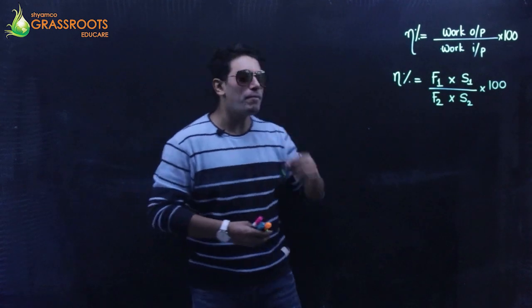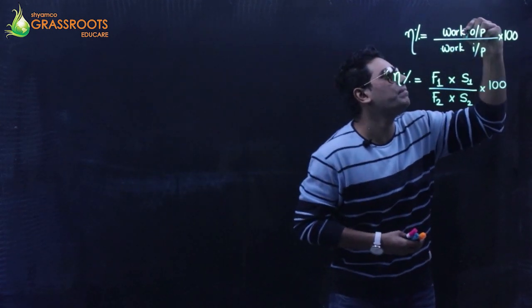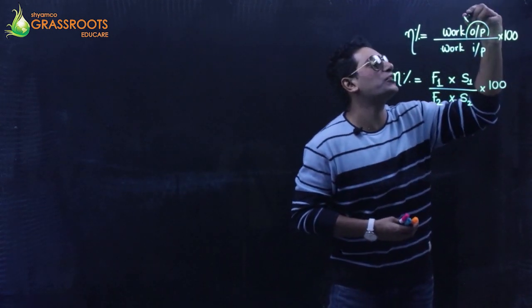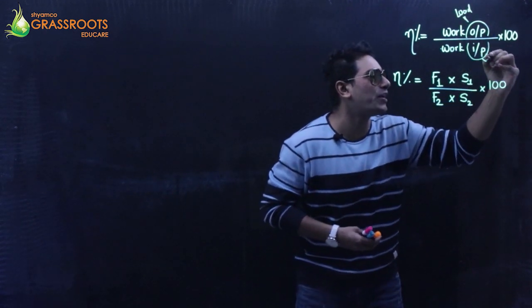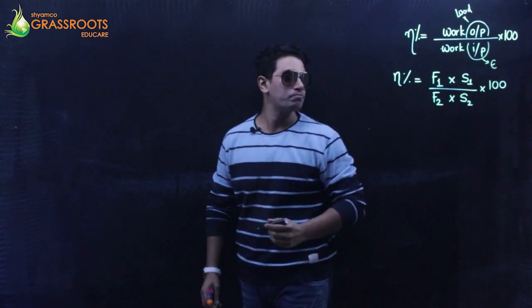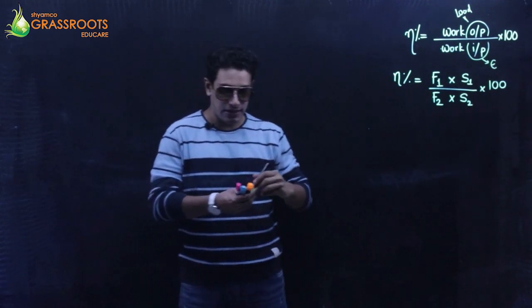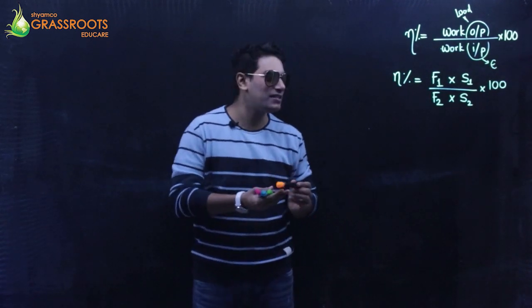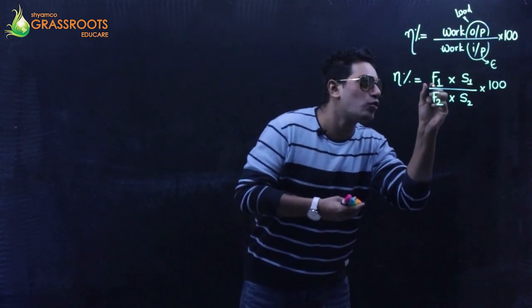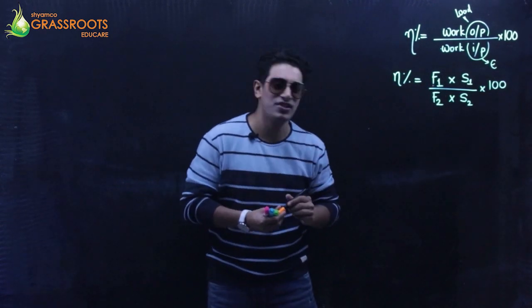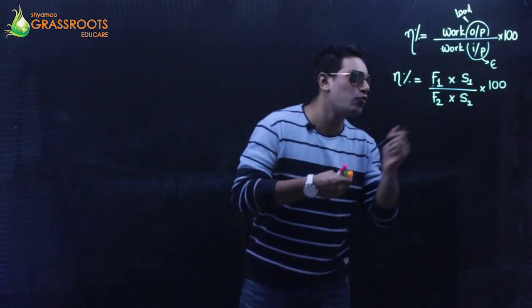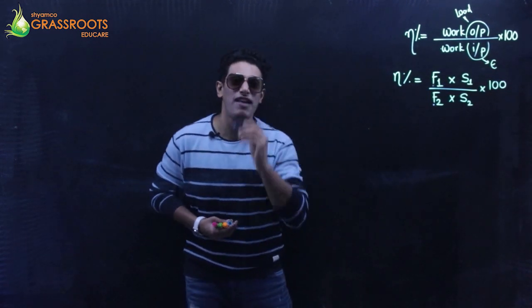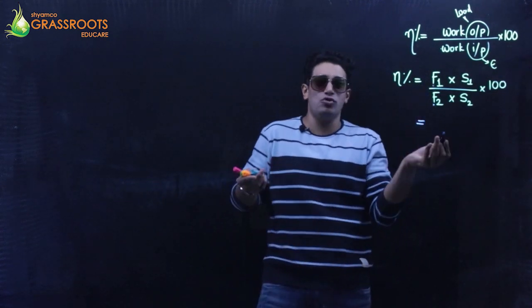Now, remember one thing. When we talk about output, we are talking about load, and when we talk about input, we are talking about effort. So this force is nothing but load, and this force is nothing but effort.